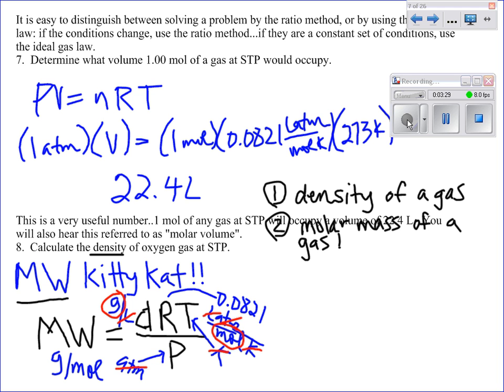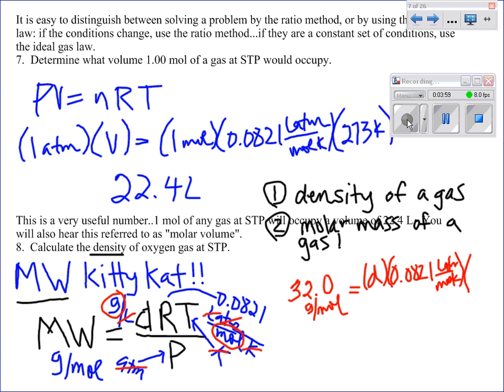If we're looking for the density of oxygen gas, the molar mass of oxygen gas is what? 32, it's diatomic, 32 grams per mole, is equal to, density is what we're solving for. What's R? 0.0821 L·atm/mol·K. Temperature?